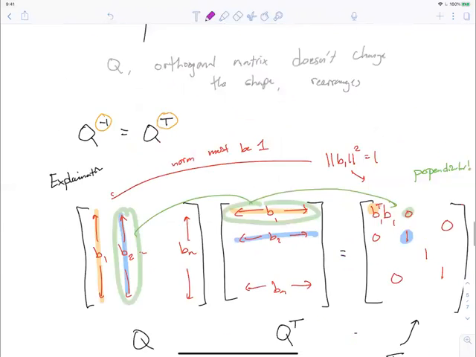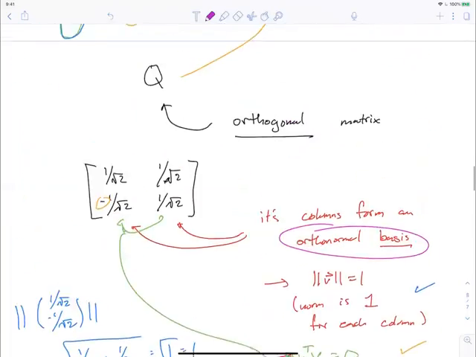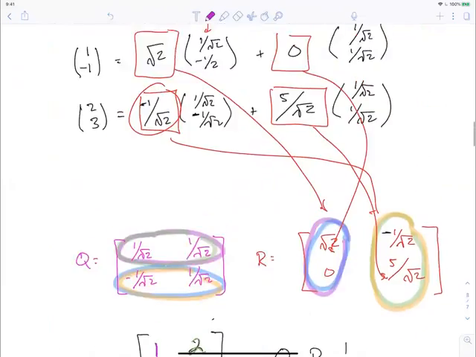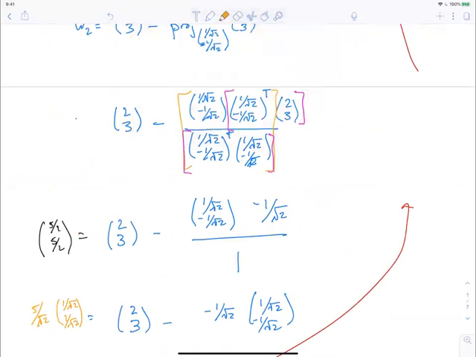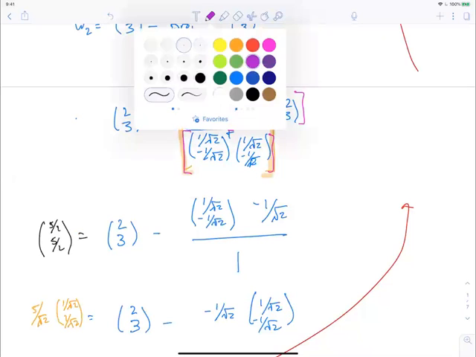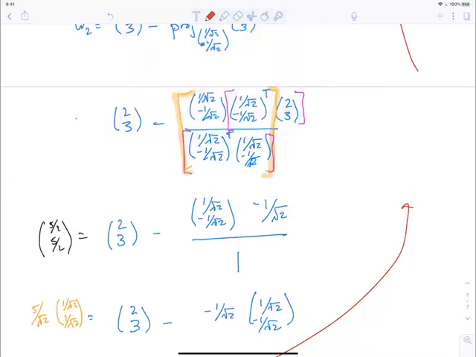So let's go back to the point we made earlier, which was when we did this projection right here, I emphasized that this was actually a matrix, right? So what's really going on here in this context is we really have what's the projection onto this? Well, this is just a line. You're projecting onto the line 1 over square root of 2, minus 1 over square root of 2.